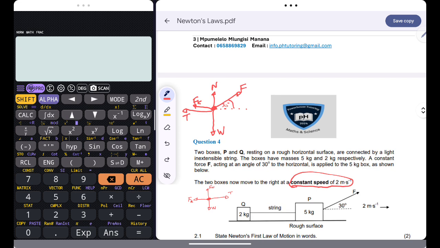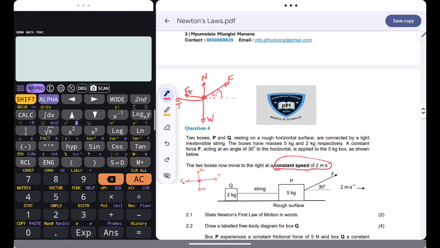You can draw your free body diagram like this, or instead of using this force which is applied at an angle, you can use its components. How so? You'll still have your gravitational force or the weight, you'll still have your tension, you'll still have your friction.